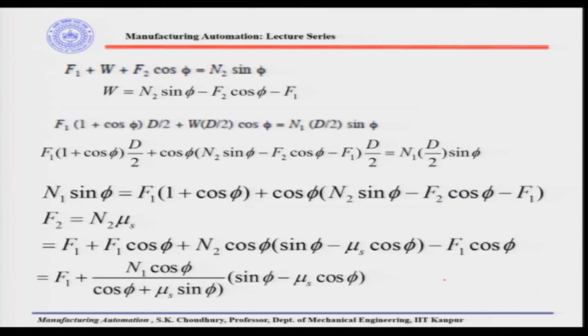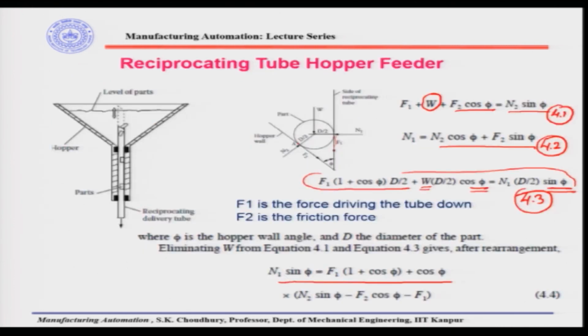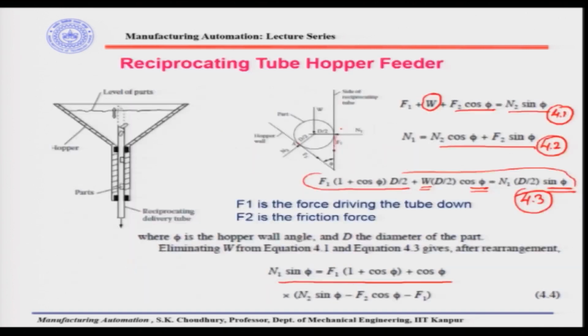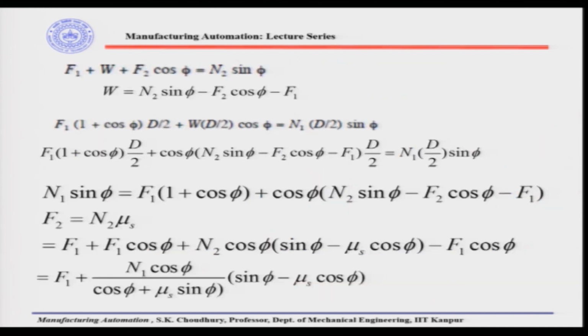Let me show you how. Earlier what I said was a little different: the W value we take from equation 4.1 and put into equation 4.3. So 4.3 is this equation, and this is 4.1.